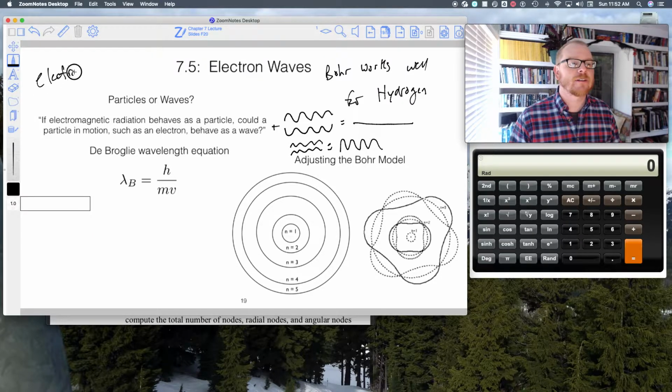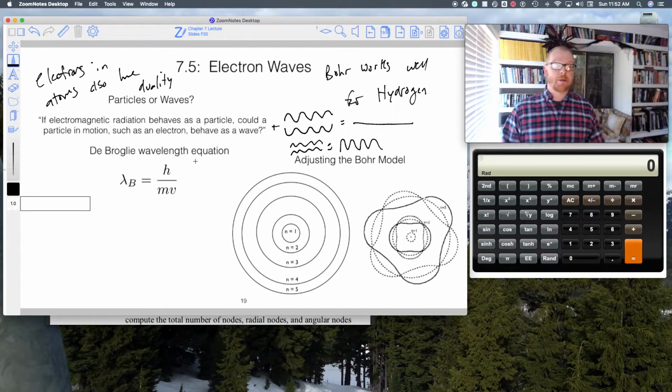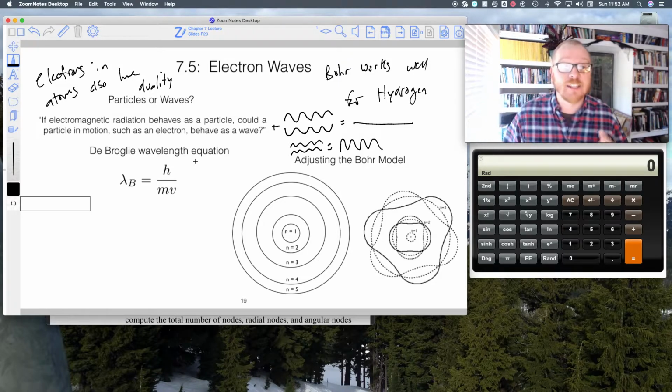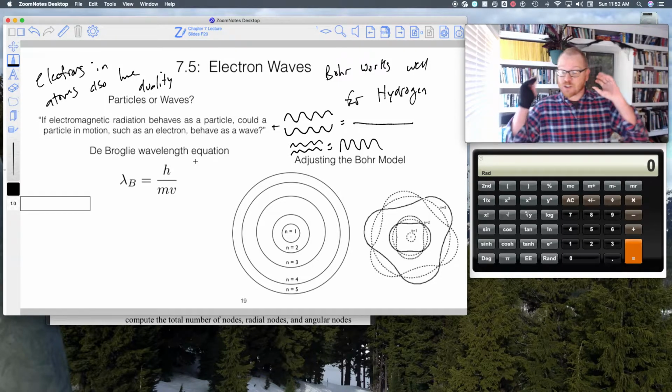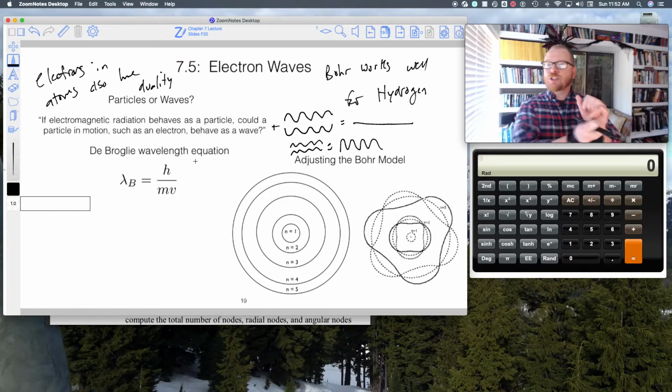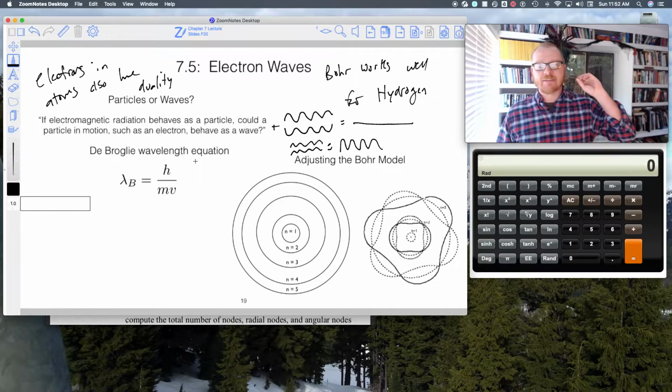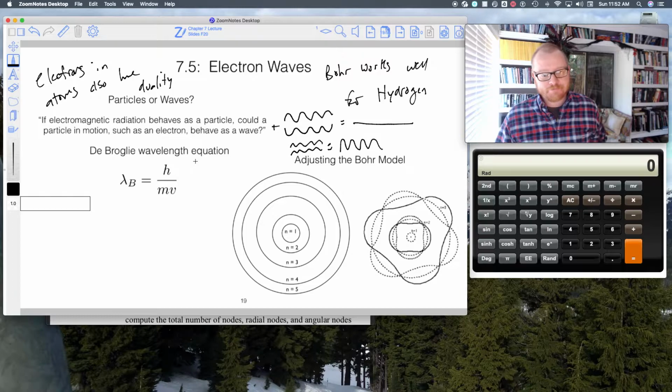Electrons in atoms also have wave-particle duality. So, once again, electrons in atoms, and this is the crazy part of quantum mechanics. As soon as you remove an electron from an atom and send it off into vacuum, it behaves like a particle.